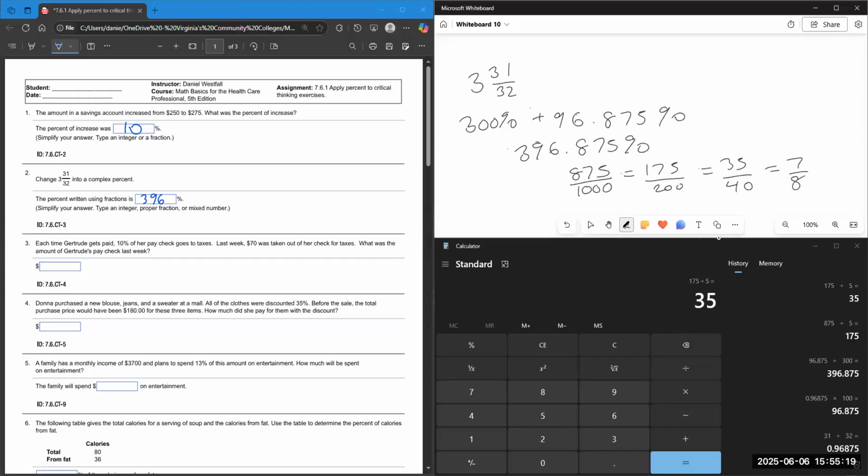That's 7 over 8. So this is 396 and 7/8%. You might have just right off the bat recognized 0.875 as 7/8 if you're familiar with decimal equivalents of fractions. But 396 and 7/8% is what 3 and 31 over 32 equals.